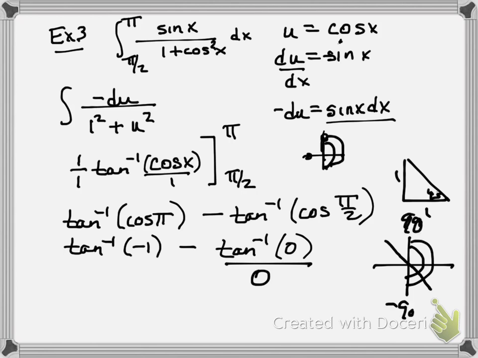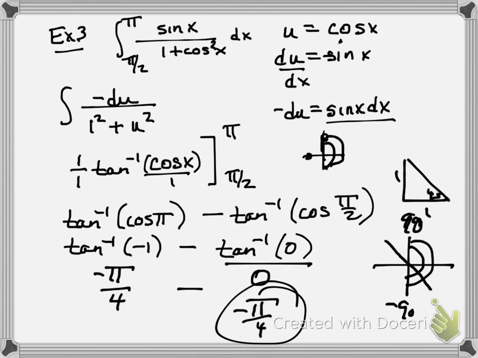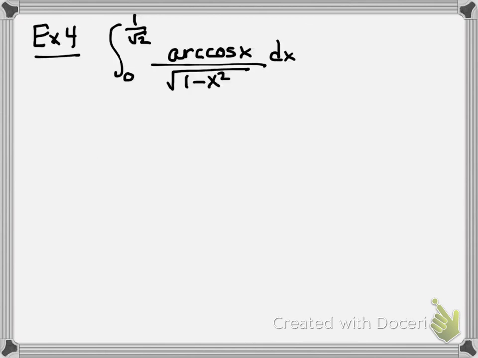So you would say negative pi over 4, negative 45 degrees. Negative 45 degrees would be coterminal to positive 315, or 7 pi over 4. So your answer is negative pi over 4 minus 0, which is negative pi over 4. And that was example 3.